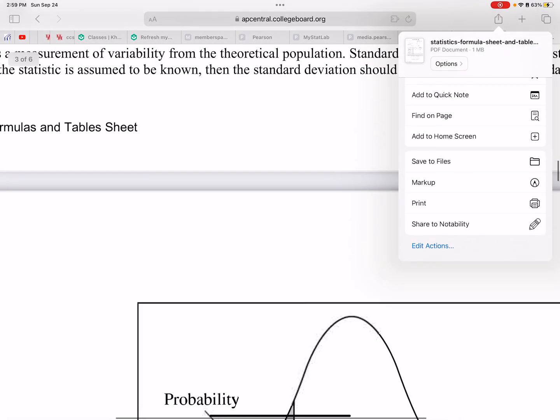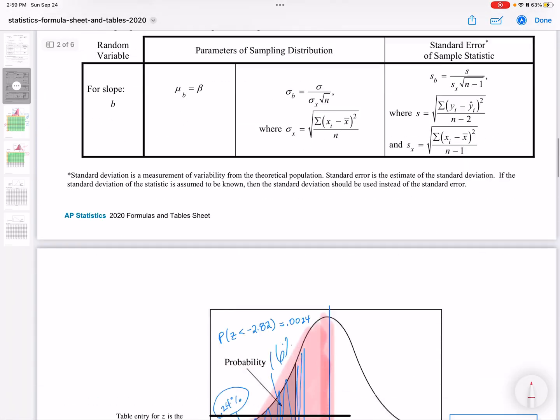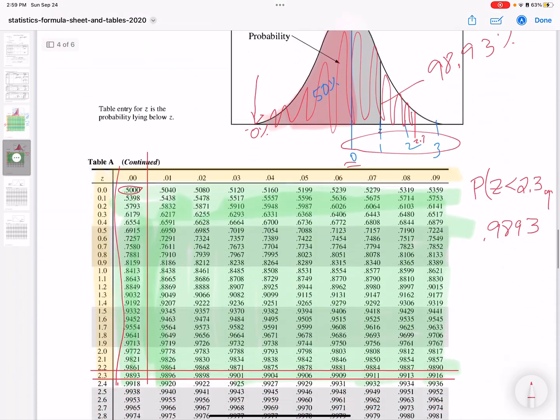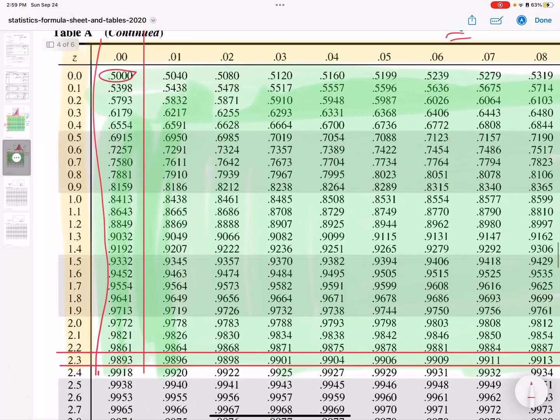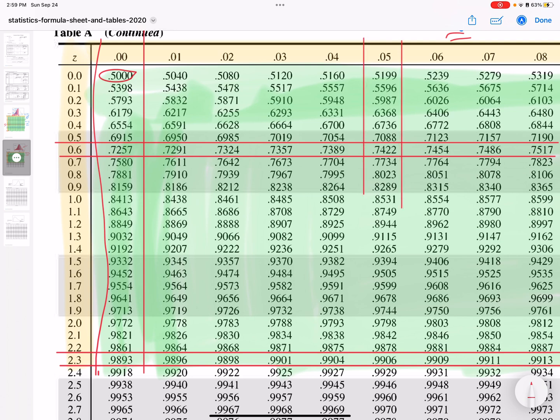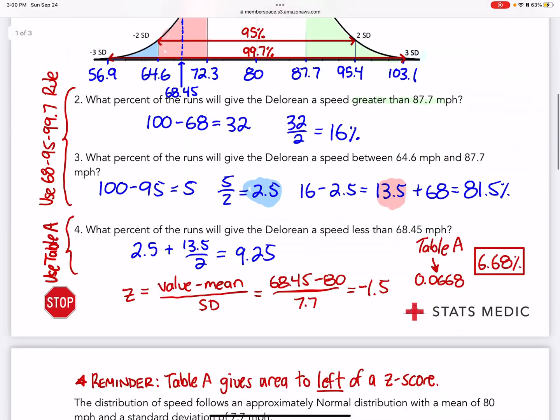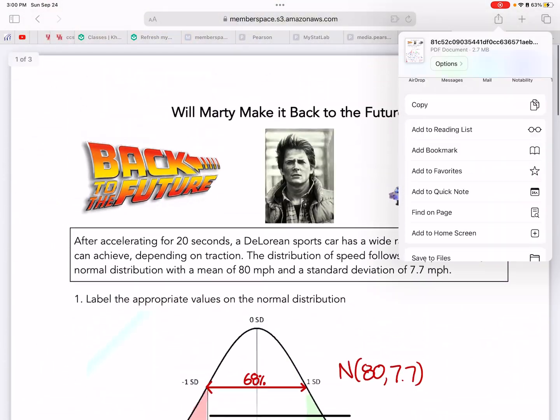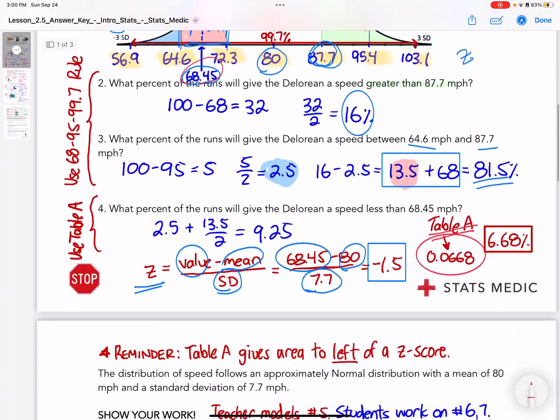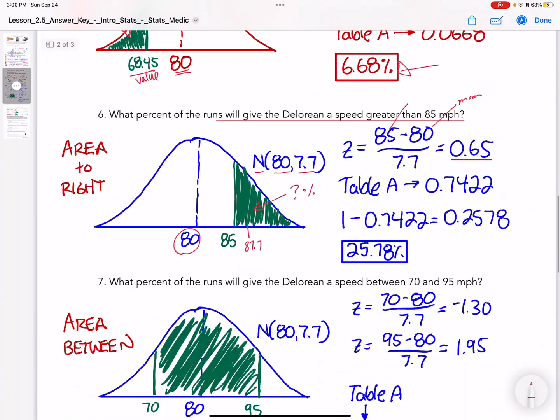Sorry, let me just mark it up real quick. Okay, so 0.65: 0.6 is here, and 0.05 is here. So I get 0.7422, and that's going to be my answer here.